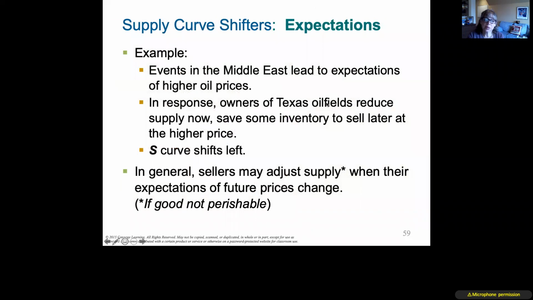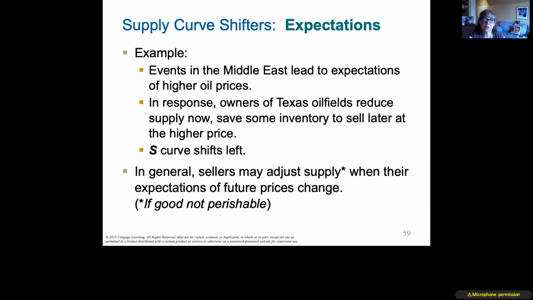So, expectations. Expectations are the hardest one in some ways because a little bit of it is just purely human response. And we want people to assume that they're going to act rationally. So in economics, we tend to try to assume that everything is rational.